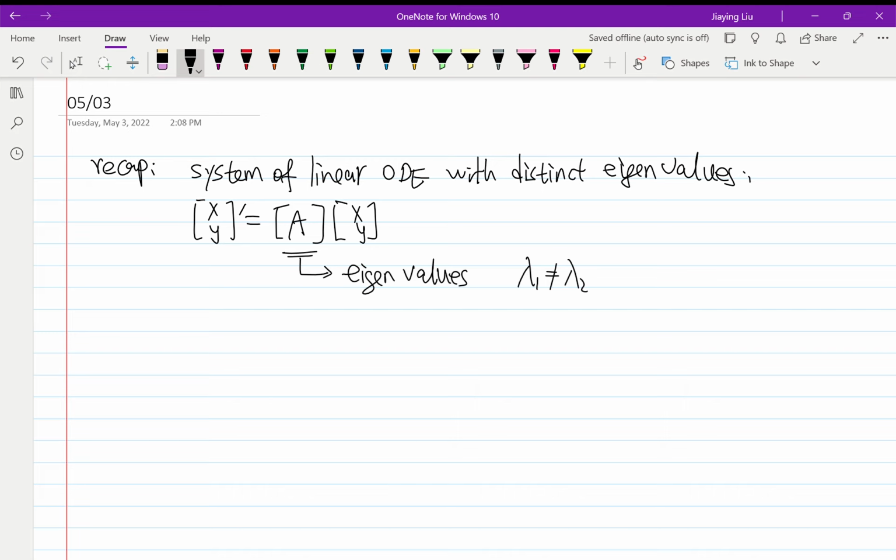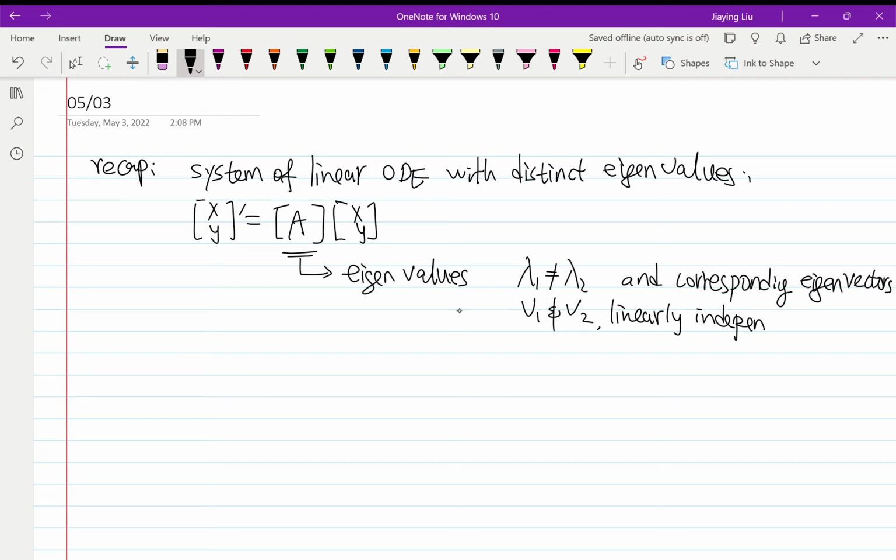If we have two different real eigenvalues, we can always find two corresponding eigenvectors, v1 and v2, and they're linearly independent. Which means that if you take v1 and multiply it by some number, you're never going to get v2.